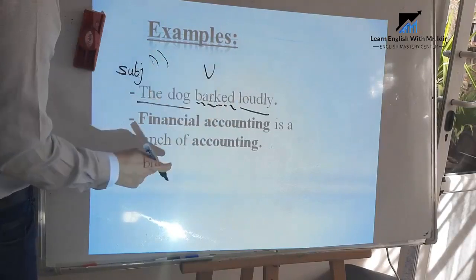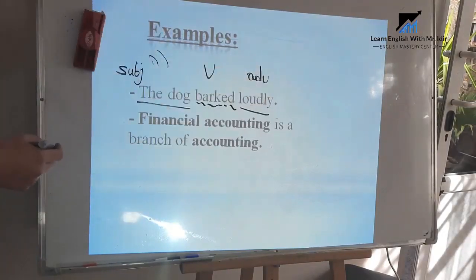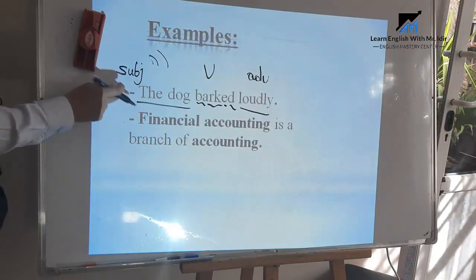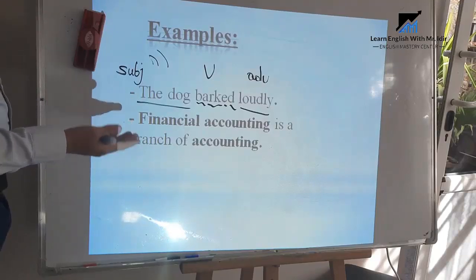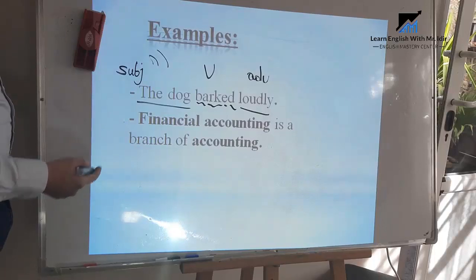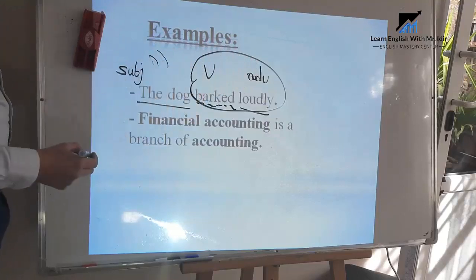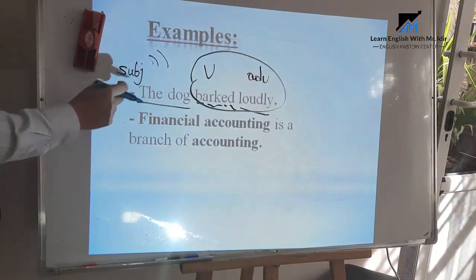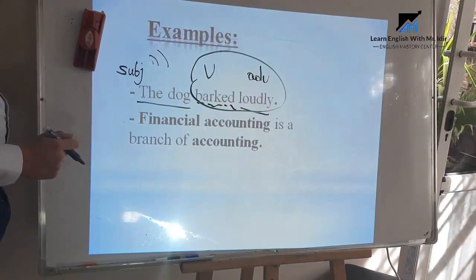And loudly is an adverb. I may ask you where is the subject. You say that the subject is the dog, okay, because it's an animal here. Okay, so where is the predicate? So, barked loudly is the predicate. Remember, I said that everything that comes after the subject is called a predicate. Good.